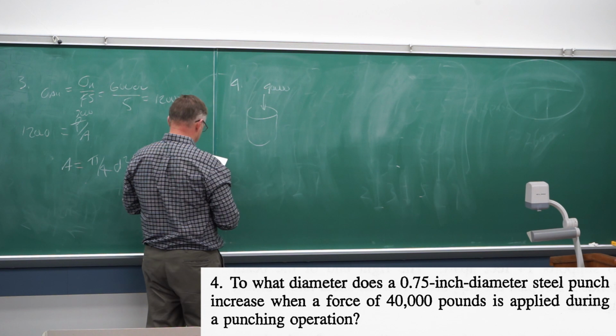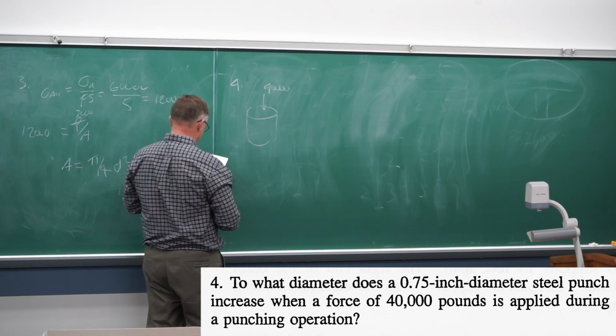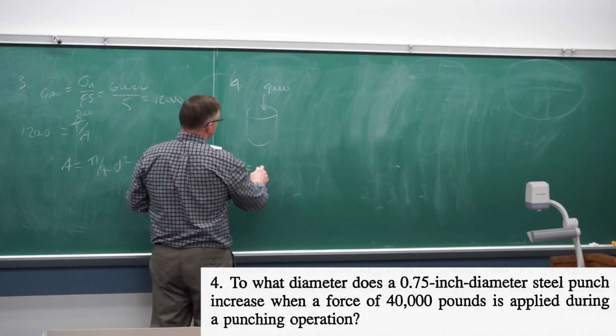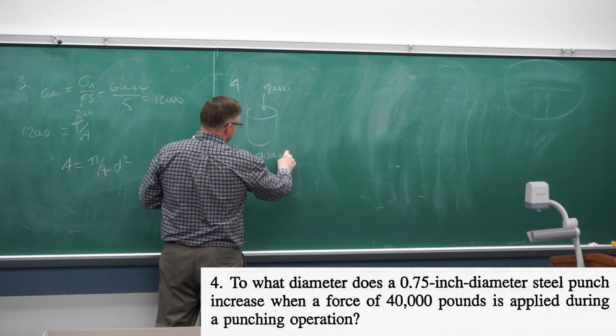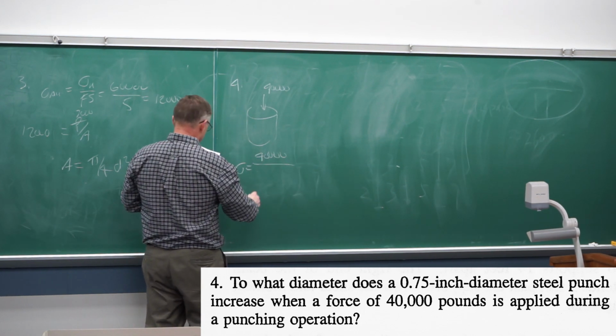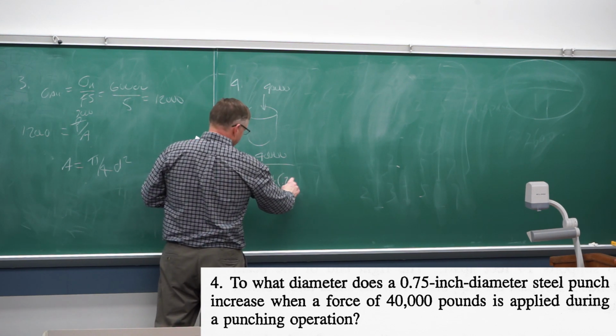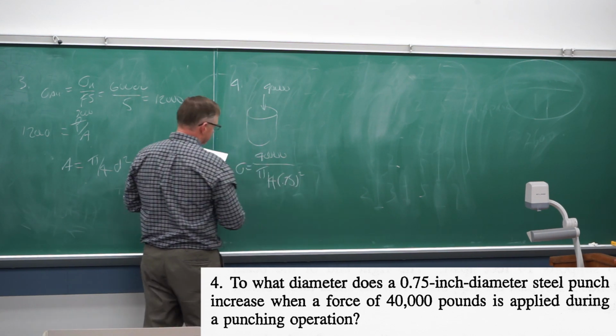So there might be better ways of doing this, but here's what jumps out to me. A lot of intermediate steps here. You can get the stress from that 40,000 divided by the area, which is going to be pi over 4 times the diameter 0.75 squared, so that's your stress.